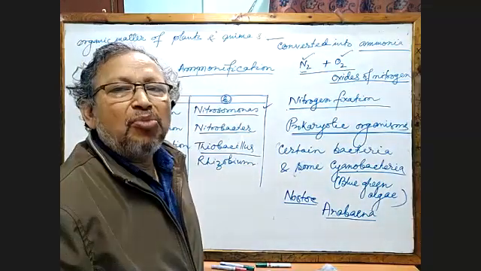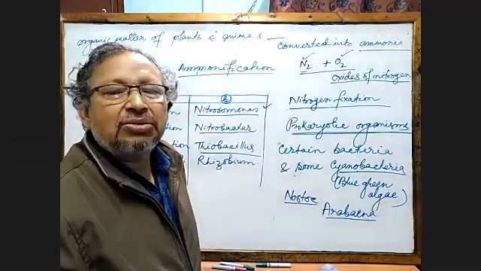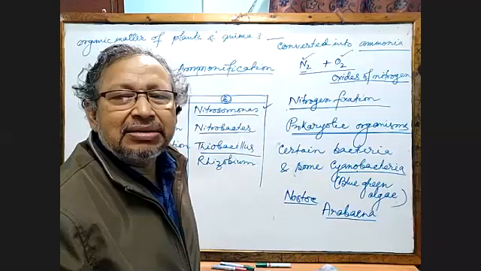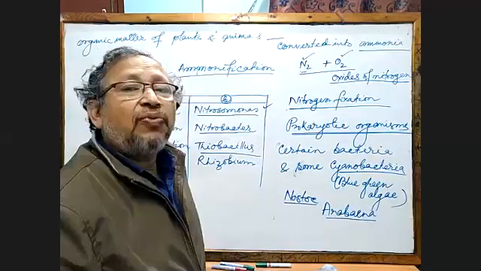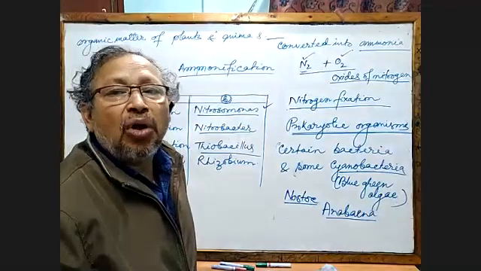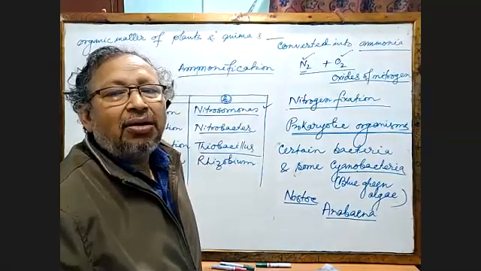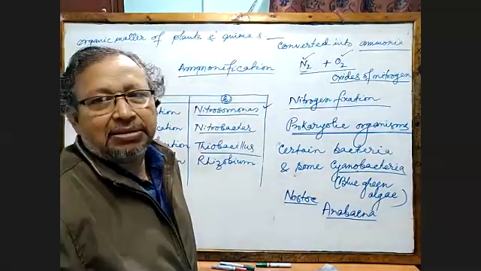The most common symbiotic nitrogen fixing bacteria is Rhizobium, which forms root nodules in all leguminous plants.